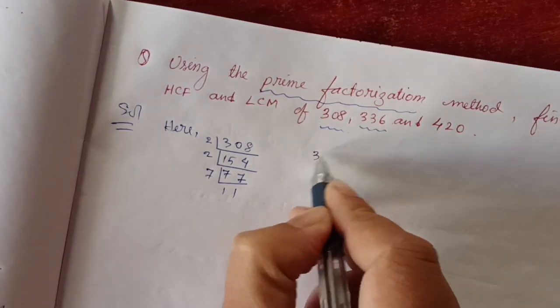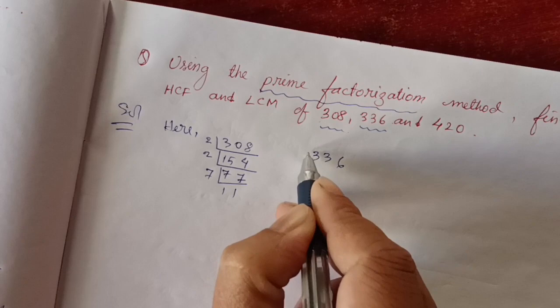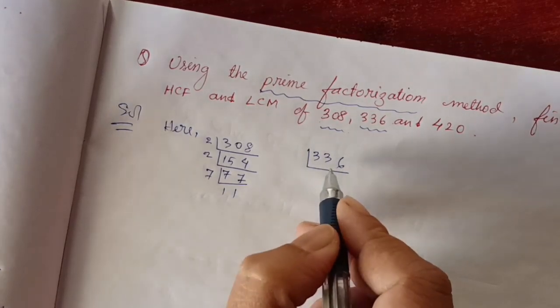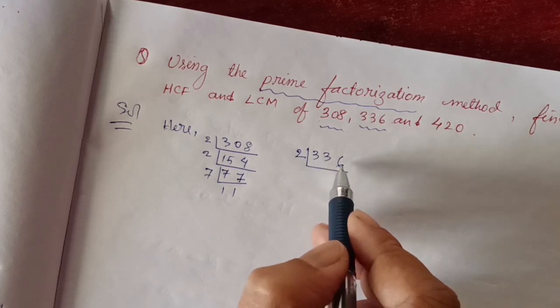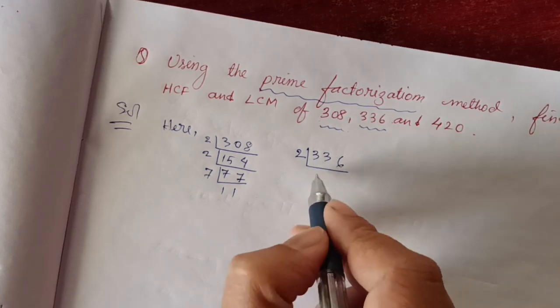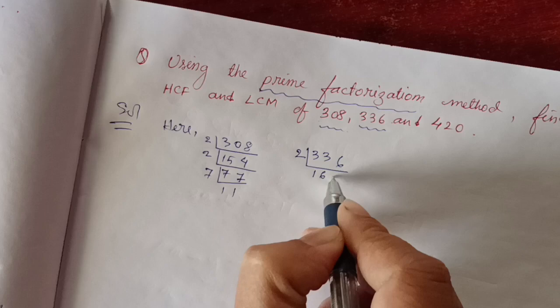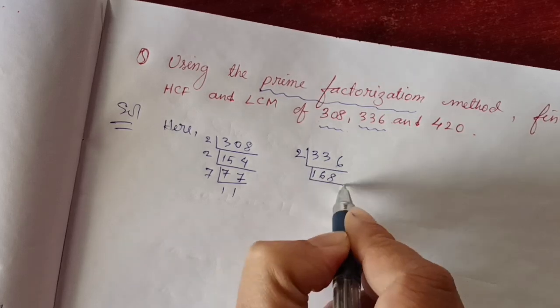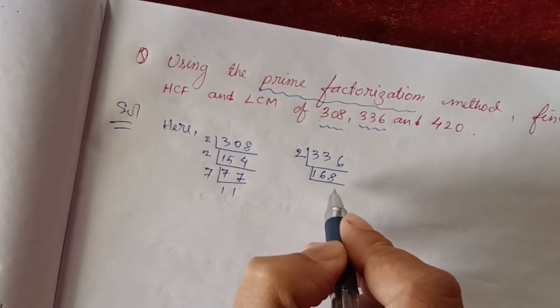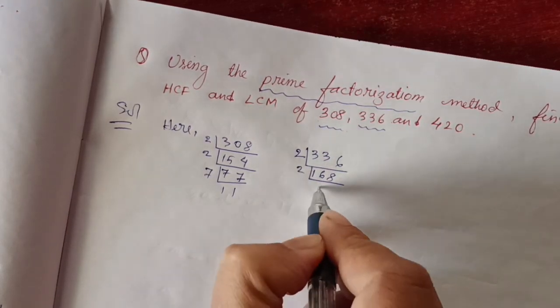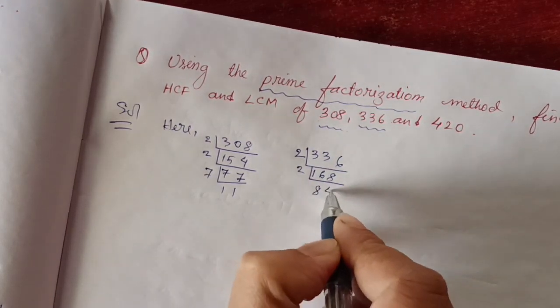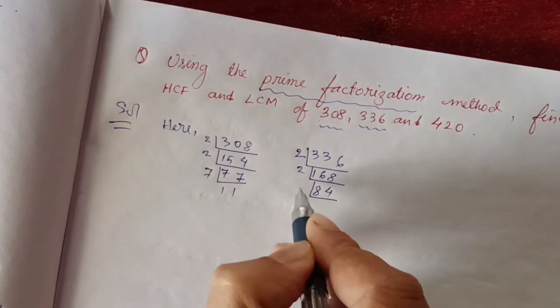Then the next number is 336. This is also an even number, so we should start with 2. If 336 is divided by 2, you get 168. Still 168 is divisible by 2 because it is even. So 2 8s are 16, 2 4s are 8, giving 84.